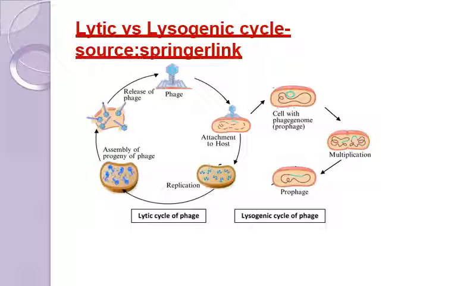Following the injection of the phage DNA into the host cell, it integrates itself into the host genome where it is then termed a prophage. The prophage genome is then replicated passively along with the host genome as the host cell divides, and then a transition occurs from the lysogenic to the lytic cycle.